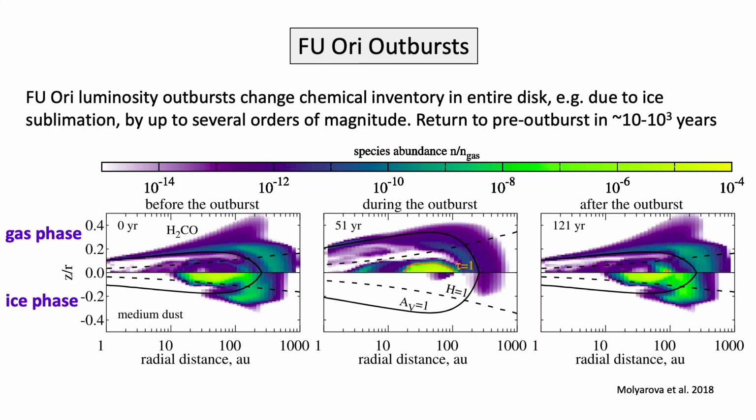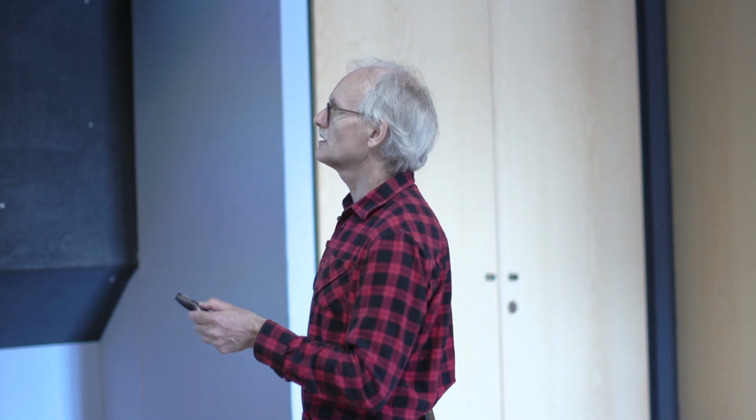You see suddenly an increase here of H2CO between 10 and 100 AU in the gas phase, but you see that the ice phase has been eliminated. There's no ice anymore. That's because the disk is warmed up by this bursting behavior of the inner disk. And then, after a while, it may go back to the original situation. So you can also see how disks change their chemistry because of these bursts.